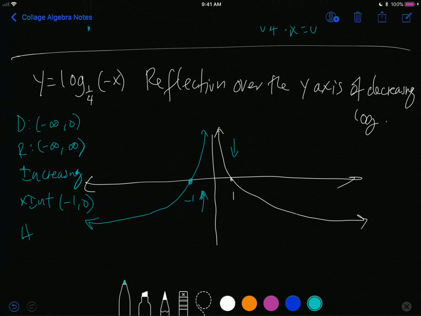And my VA is going to be x equals 0, so that remains unchanged. So when I have a reflection over the y-axis, three properties change: the domain, where the graph is increasing or decreasing, and the x-intercept. Again, these things can be gleaned by properly graphing the transformed form of the graph. Practice hard.